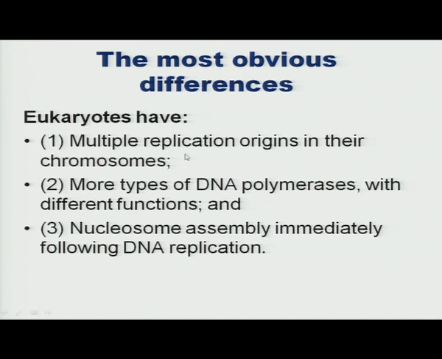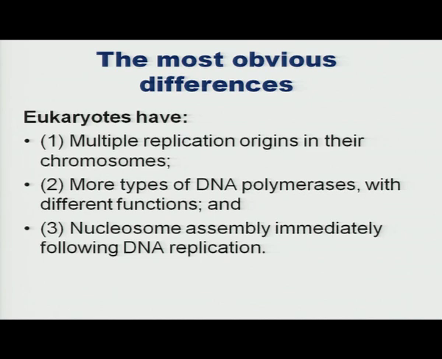Eukaryotes have multiple origins, and all the origins will help in initiating the replication, but in case of prokaryotic cells they have a single origin from where the replication is started. Another difference is more types of DNA polymerases with different functions. As we learned, in prokaryotic cells there are only 5 types of DNA polymerases, DNA polymerase 1, 2, 3, 4 and 5, but in eukaryotes more than 10 polymerases have been identified yet.